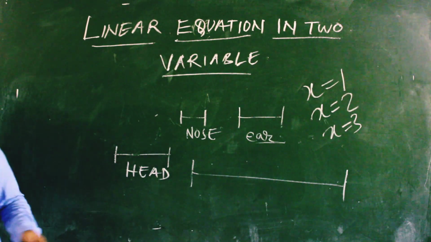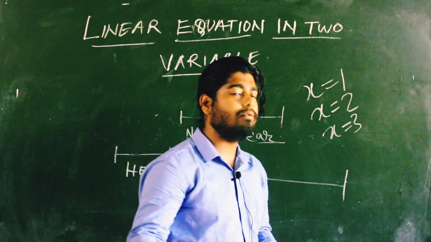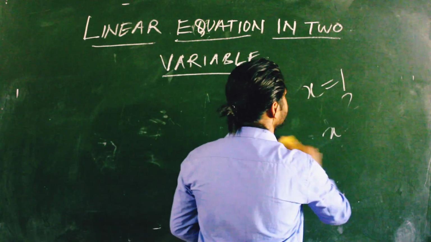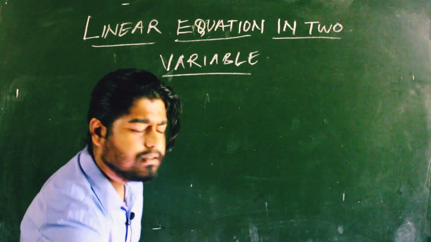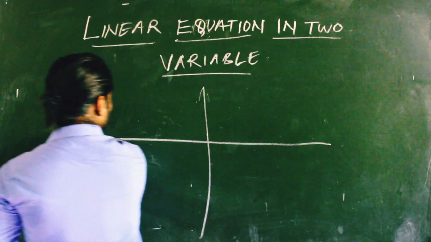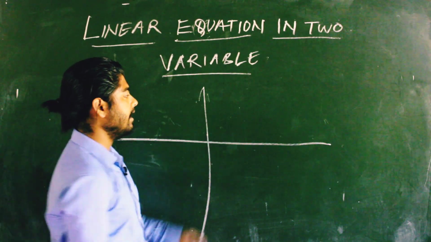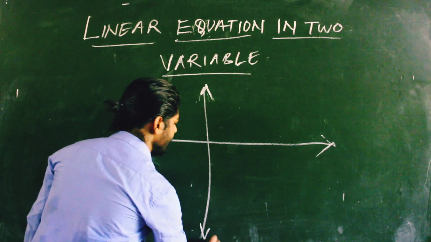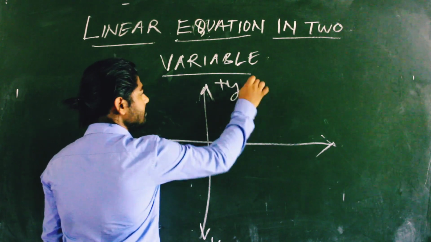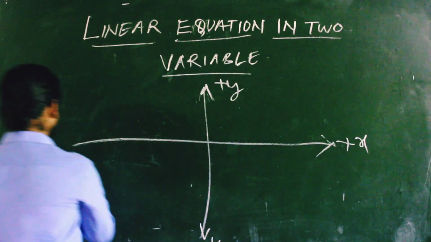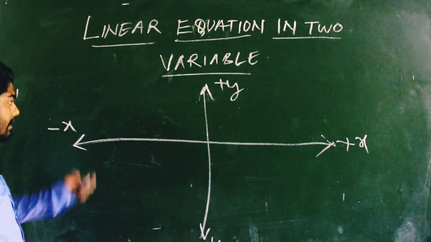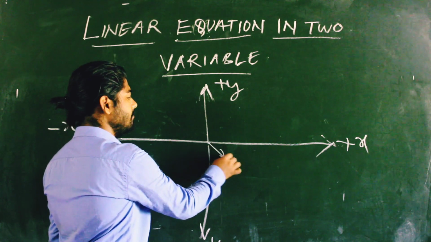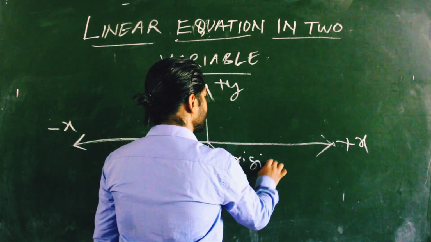Now in this chapter particularly we will be dealing with graphs. So let me give you one small tutorial about the graph you have studied before. Suppose you have a graph. This is our x-axis, this is our y-axis, this is the negative of the y-axis, this is the positive of the y-axis, and this is the negative x. This is the 0 coordinate, called the origin.